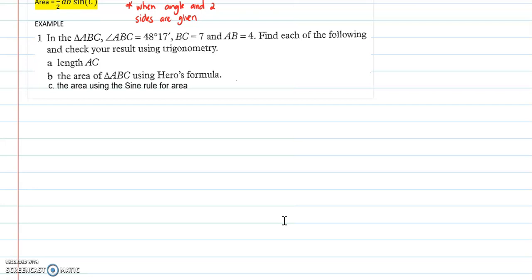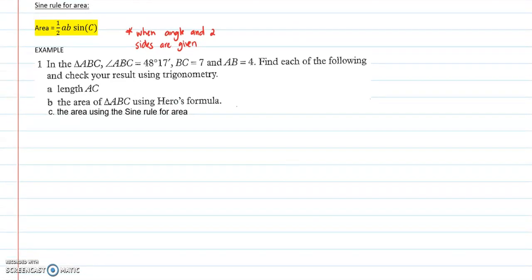Okay, so let's start off by drawing our triangle first. So let's draw our triangle ABC. Remember, we always have to label all our sides. So A, B, and C. We know that angle B over there is 48 degrees and 17 minutes.